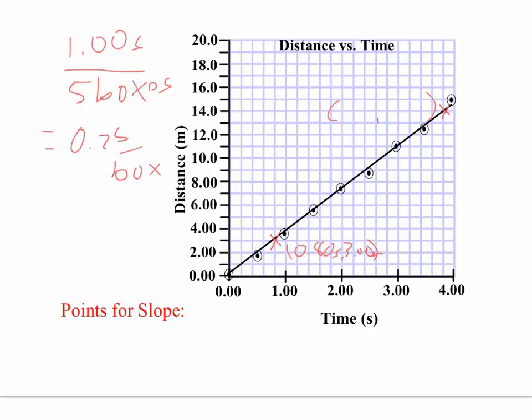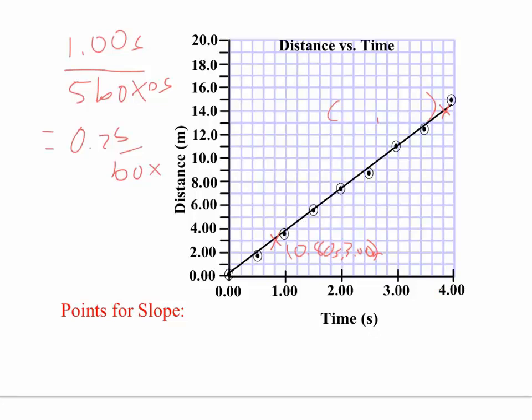Then I'm going to pop up here to this next data point. Again, each one of the boxes is worth 0.2 seconds. So here's 3.00, which makes the next box 3.20. This would be 3.40, this would be 3.60, this would be 3.80, and then there's our 4. The time value occurs at the one right before the 4.00, so that's 3.80 seconds.